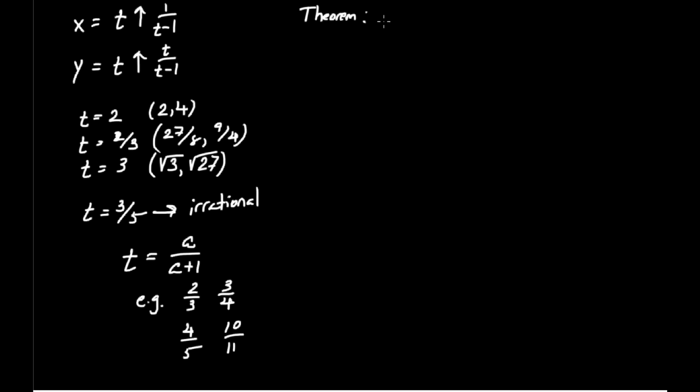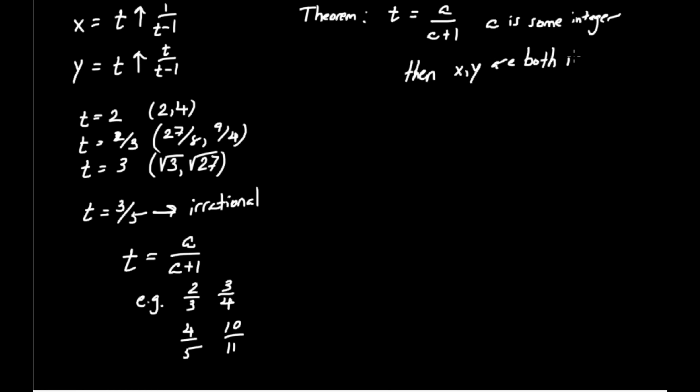And the theorem is going to say, if t is of the form a over a plus 1, where a is some integer, then x and y are both rational numbers.